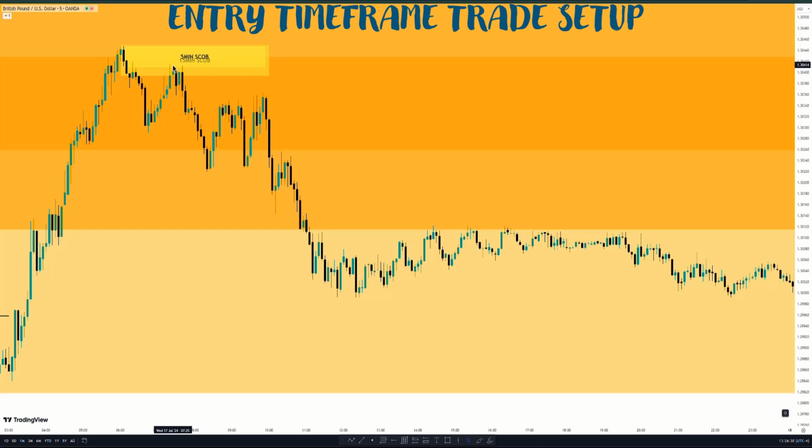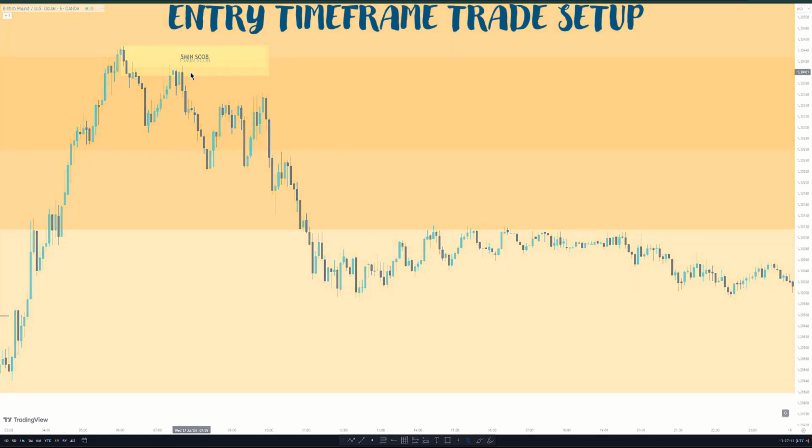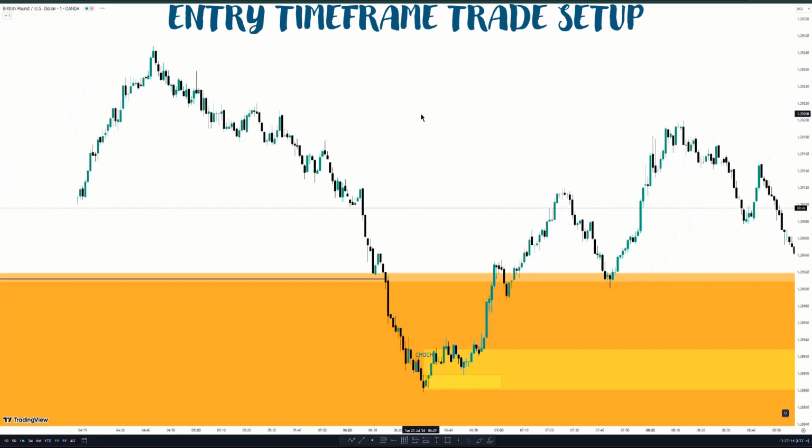I'm not going to enter here because I don't have some sort of inducement. But if I'm just trying to be aggressive, I'm just going to enter here directly on this single candle order block because liquidity has already been taken up there. I'm already in New York, so I can just put my stop loss above there. But to reduce the risk, you go down to 1 minute.